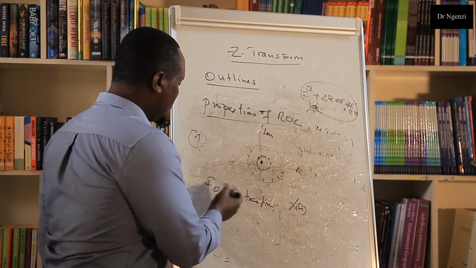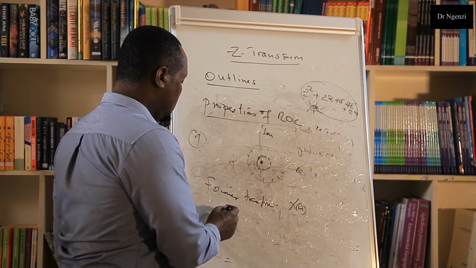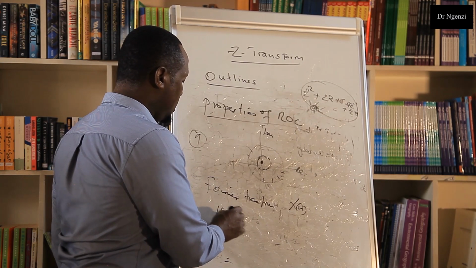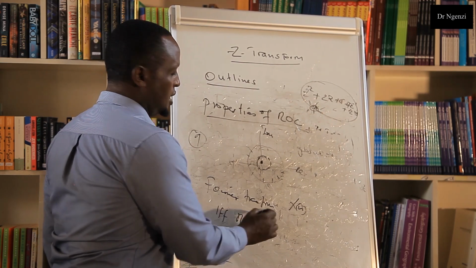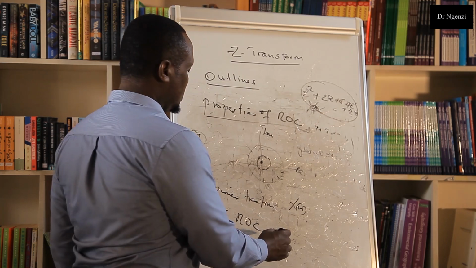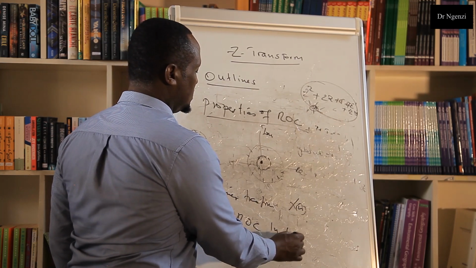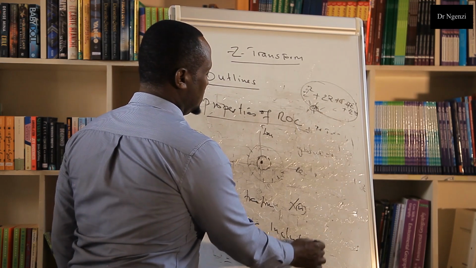So the Fourier transform converges if and only if the region of convergence includes the unit circle, includes, not excludes, the unit circle.